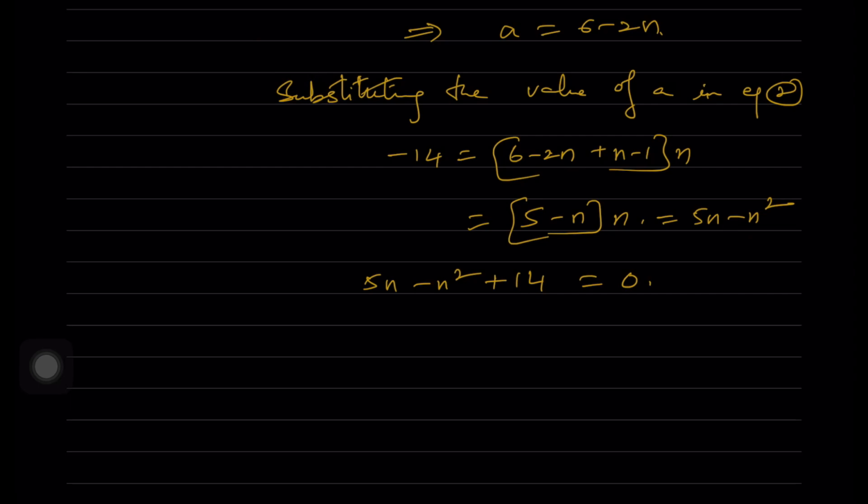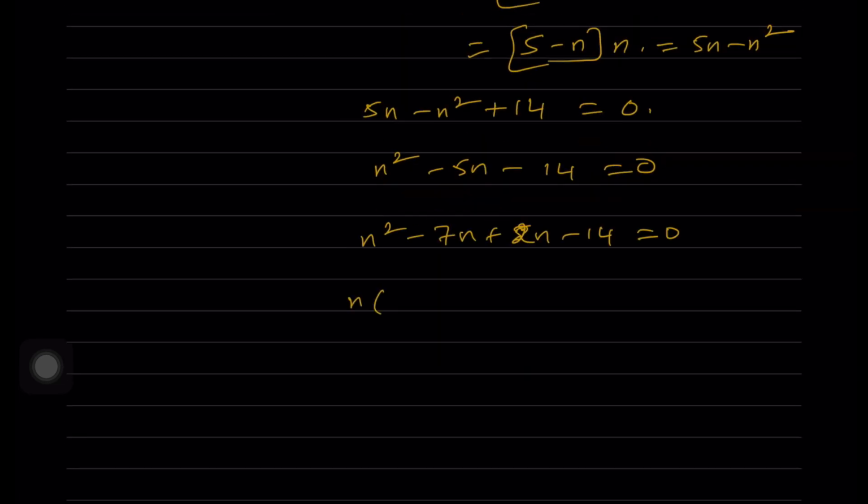So now you can write it as n square minus 5n minus 14 is equal to 0, because n square should be first and it should be positive. We are making it positive, so dividing throughout by minus sign. So you are getting that n square minus 5n minus 14 is equal to 0, n square minus 7n plus 2n minus 14 is equal to 0.